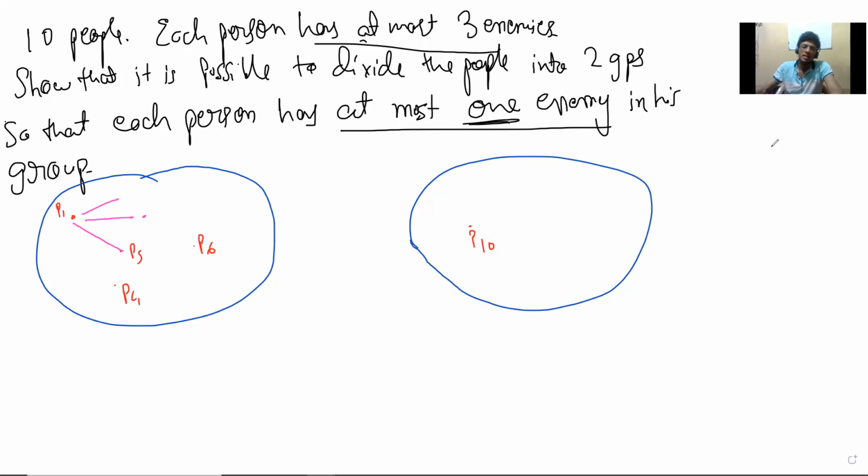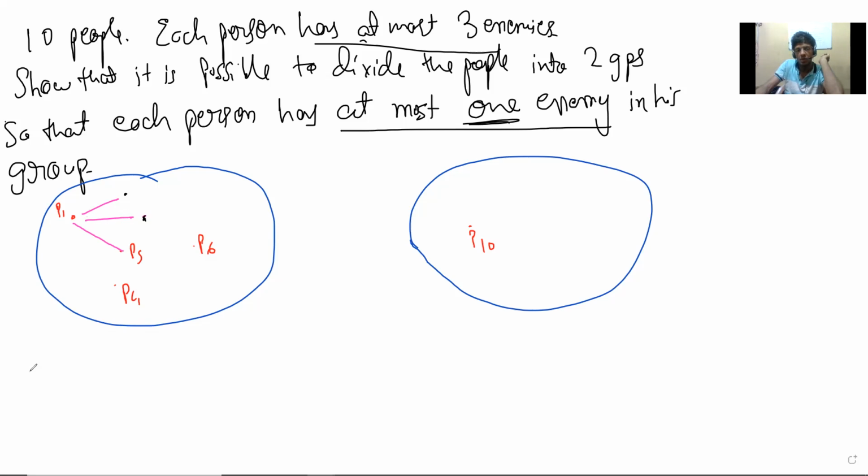So you see, what we were thinking earlier is in fact the better thing to do, and that is to move P1. So we would want to move P1 to the other group.